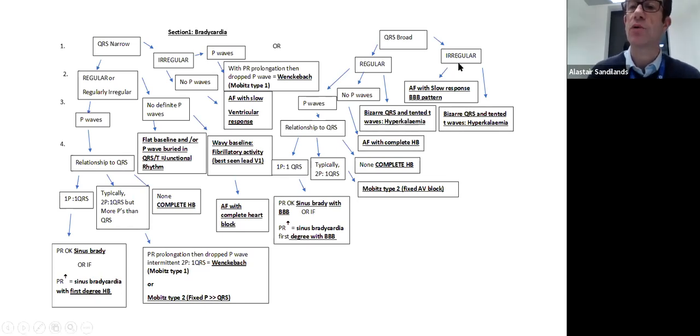Lastly, with a broad and irregular QRS, you would have atrial fibrillation still conducting through with a slow ventricular response, but a typical bundle branch block pattern. Also you can get a bizarre irregular QRS, and again it could be tented T waves with hyperkalemia. These two can present either regular or irregular. They can also present with slight tachycardia as well, which I'll talk to you about in a couple of weeks' time.